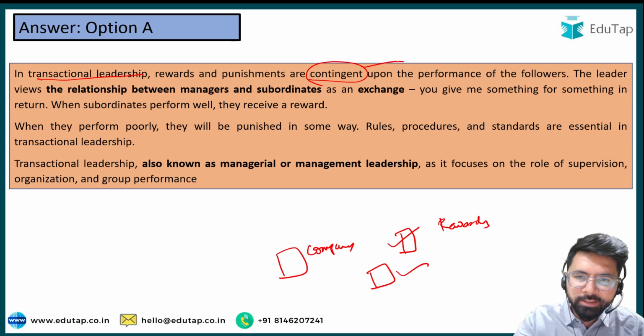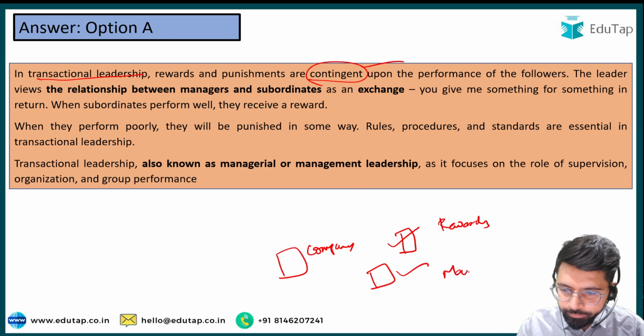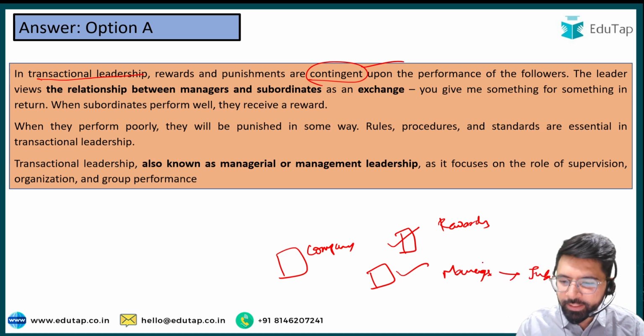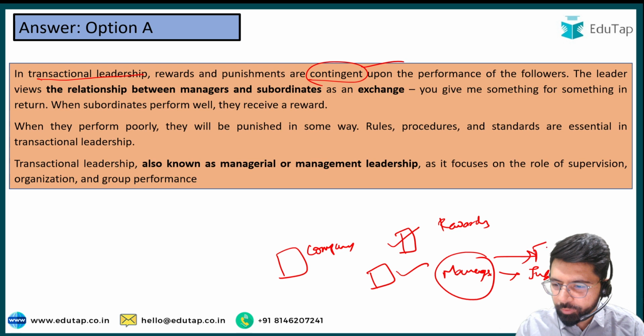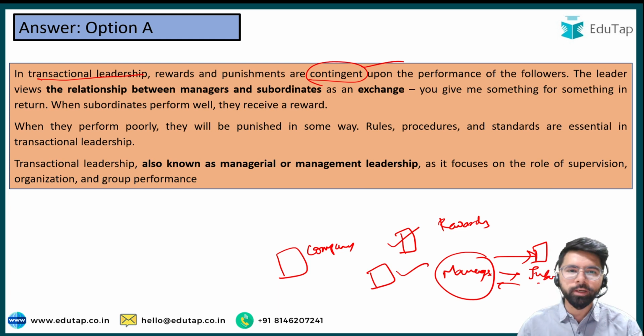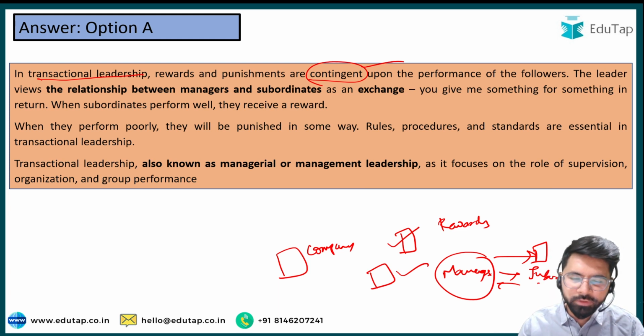So friends, that is the meaning of this word contingent. And the leader views the relationship between the manager and the subordinate as a business transaction. See, manager tells this task should be done, and when the subordinate does it, the manager would reward the subordinate with anything of certain value.